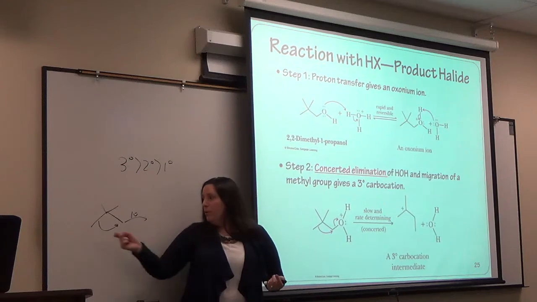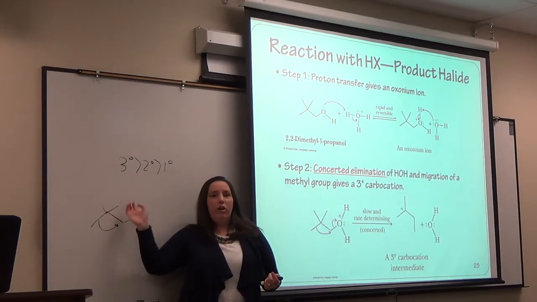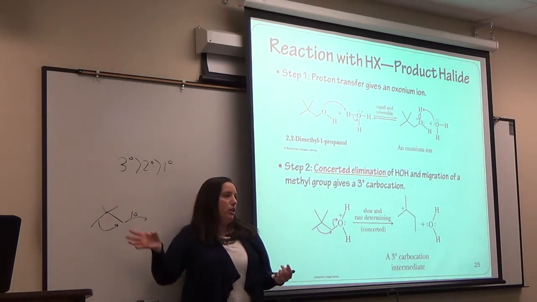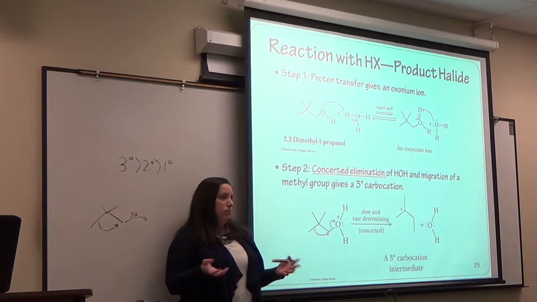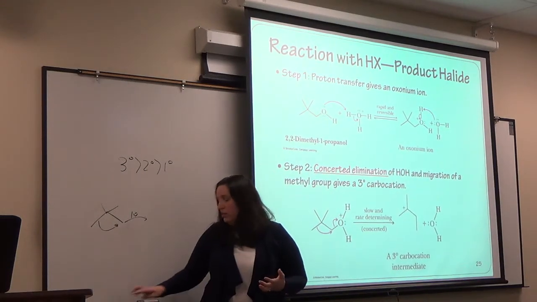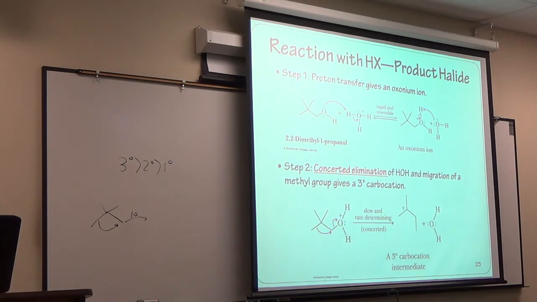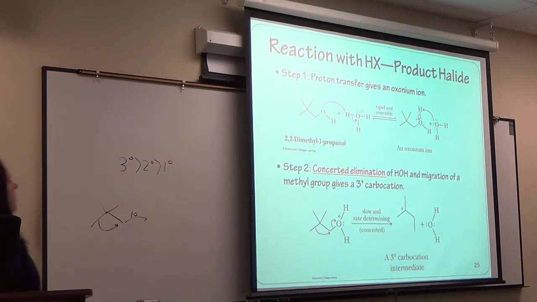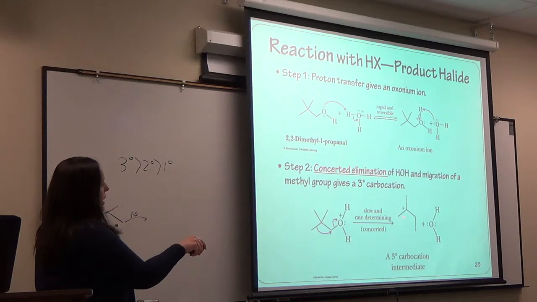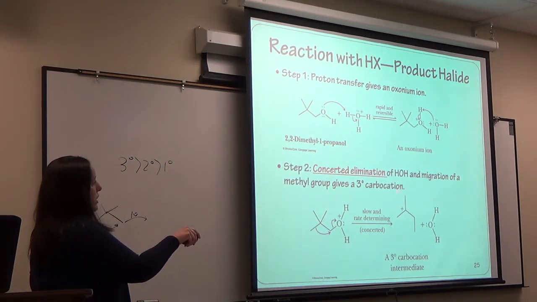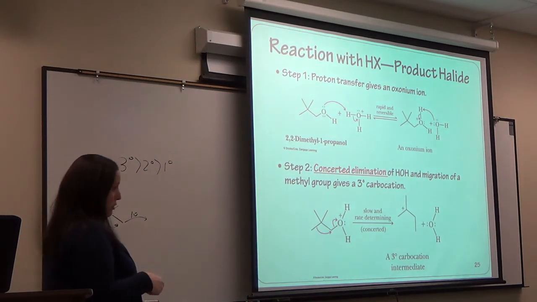And it can happen because you have the bulky three methyl groups here available for the shift. So that's the concerted part. That's for the beta branching there. And now I do have a carbocation, so where's the attack going to be? Over here, where the carbocation is.